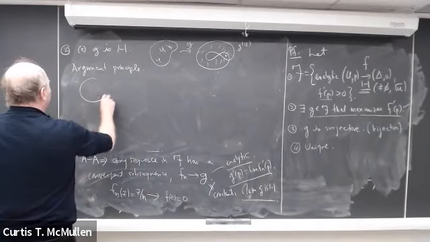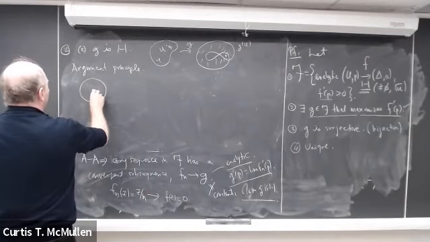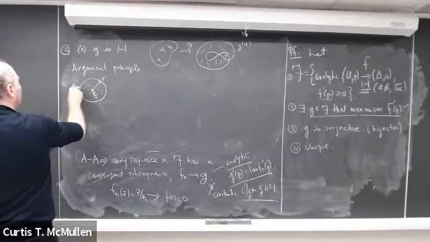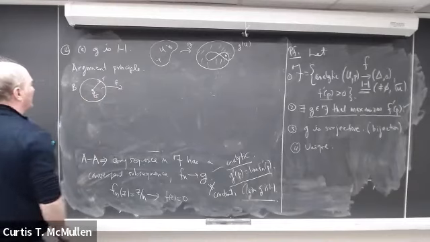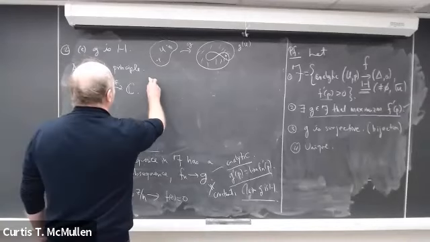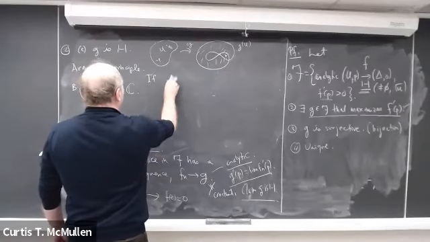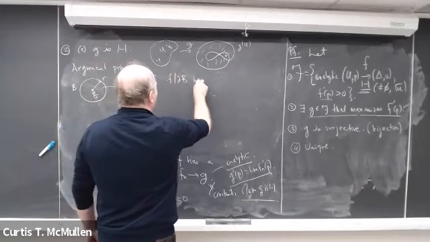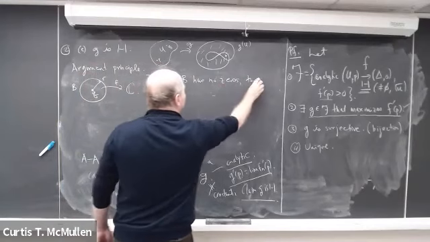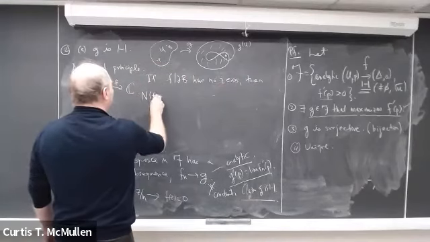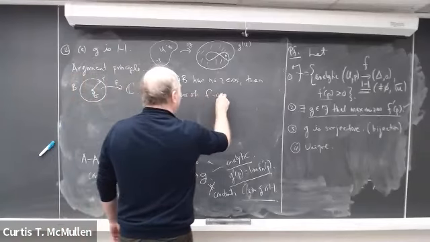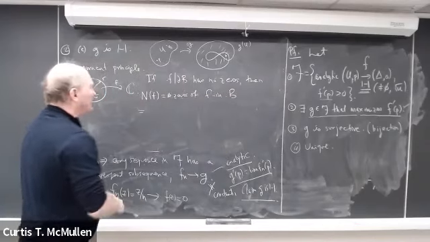We can, again, consider the case just of a function that's defined, let's say, near some point Q on a ball of radius r. Let's call this B. We have a function f into the complex plane. And the argument principle says that if f restricted to the boundary of B has no zeros, then n of f, which is the number of zeros of f in B, is given by an integral.